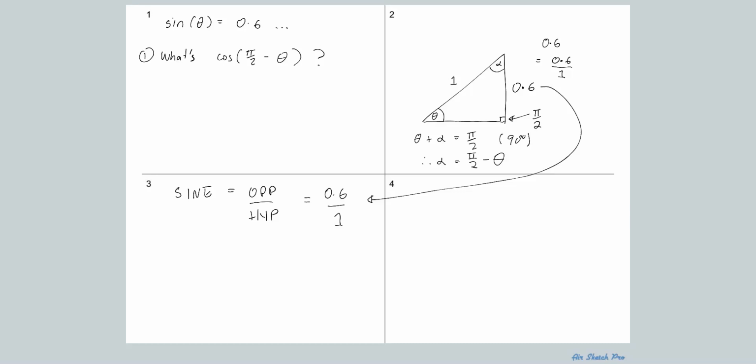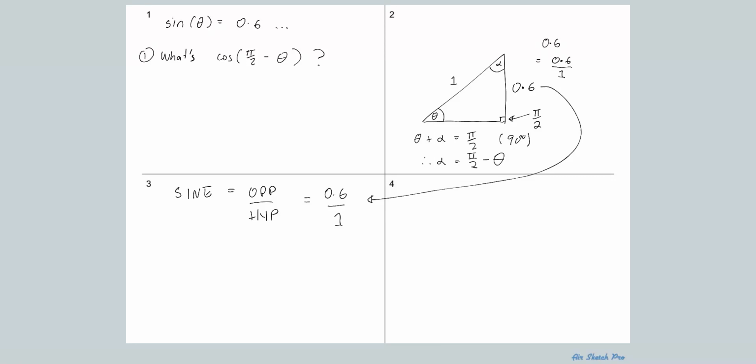Now this is the trick. If this is opposite theta, then it's adjacent to alpha. Because sine deals with opposite and cosine deals with adjacent, sine's opposite is cosine's adjacent. It's going to give me the same value.